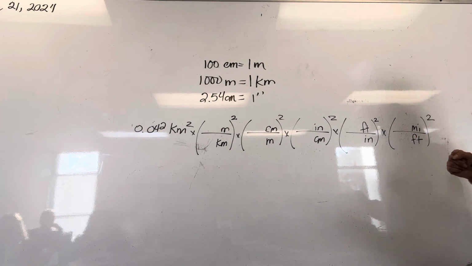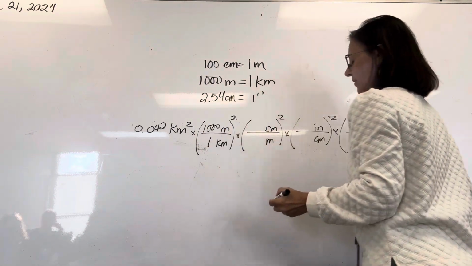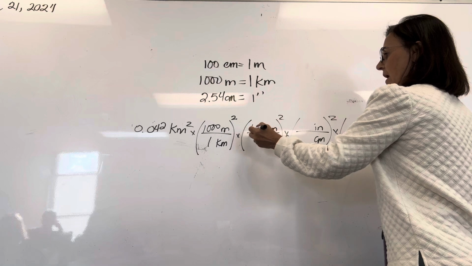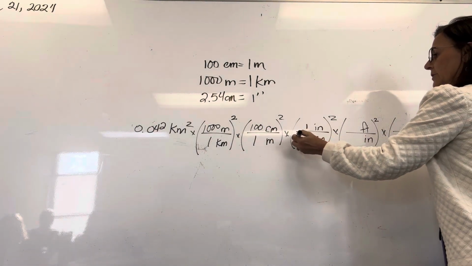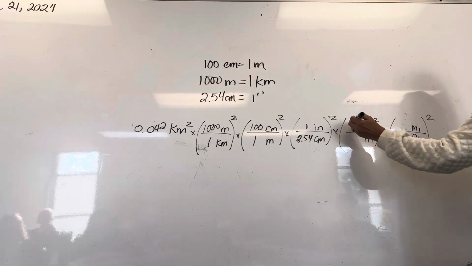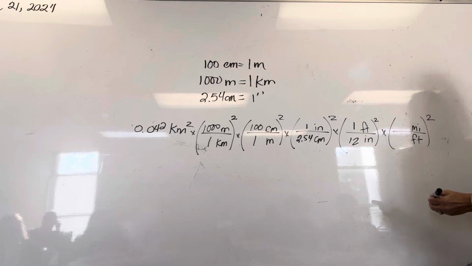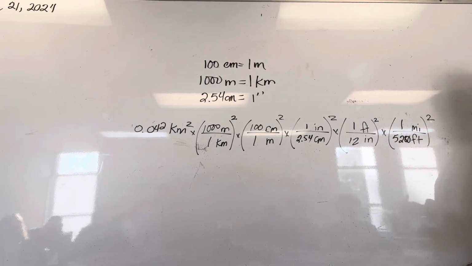Got it? So there's 1,000 meters in a kilometer. There's 100 centimeters in a meter. 1 inch is 2.54 centimeters. 1 foot is 12 inches. 1 mile, 5,280 feet.